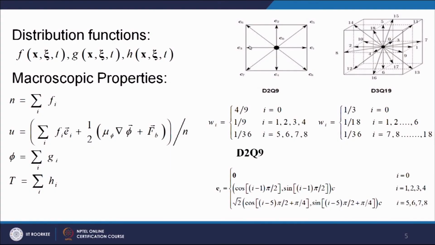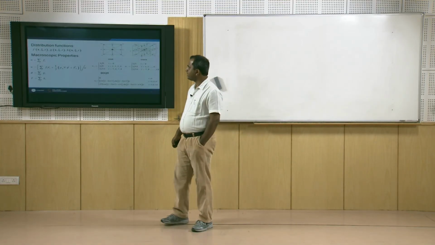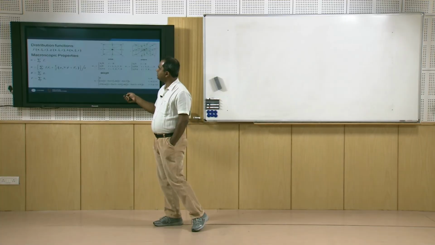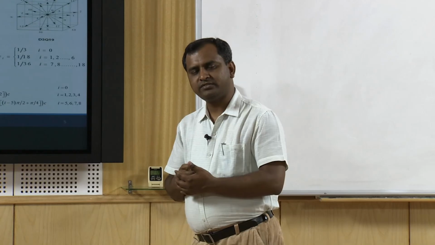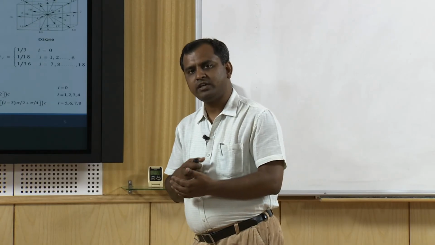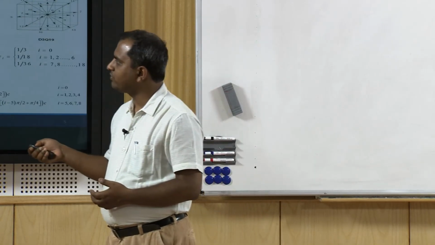Now, as we have 4 equations, we require 3 probability density functions. Those are F, G and H. One by one I will tell you the essence of F, G and H. First let us take F. F is one probability density function whose summation gives one macroscopic variable n.